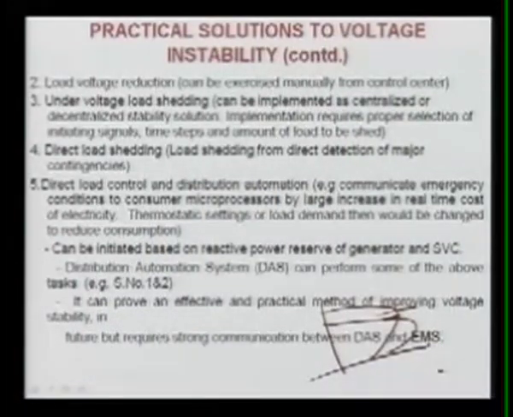Direct load control and distribution automation, that is DA, communicate emergency conditions to consumers' microprocessors through a large increase in the real-time cost of electricity. Thermostatic settings and load demand would then be changed to reduce the consumption, because voltage stability can be improved from the generation end, the transmission end, and also from the distribution end.